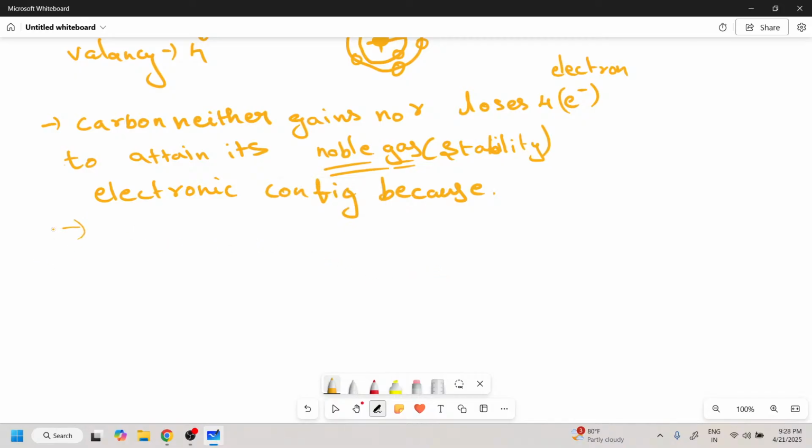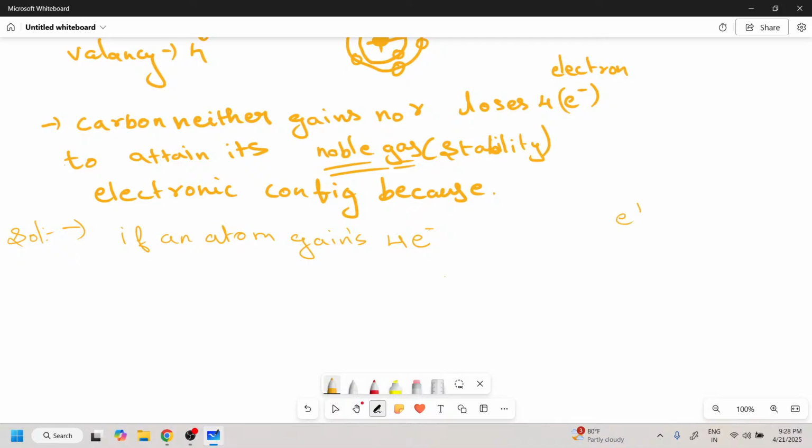Okay, if I'm taking the solution, what do you think is the solution? If an atom gains 4 electrons, 4E minus, you should remember E minus means electron gain.